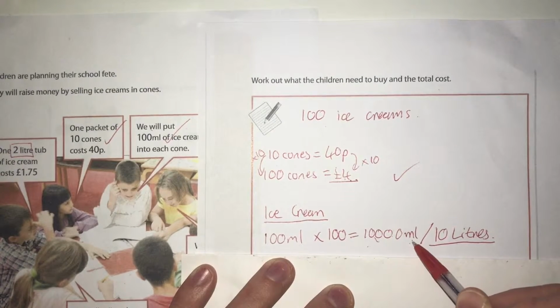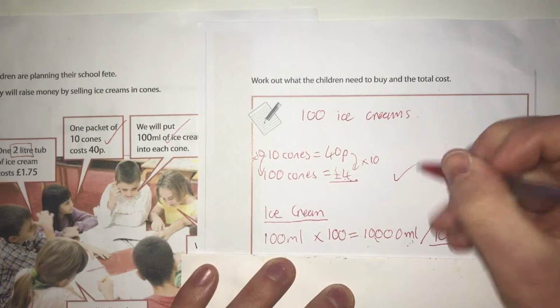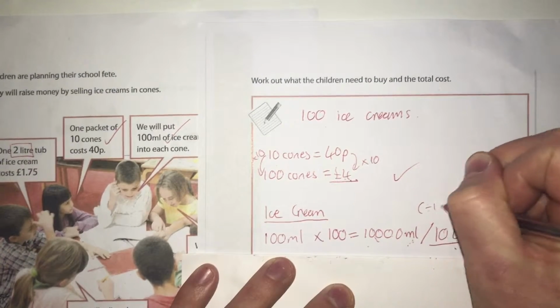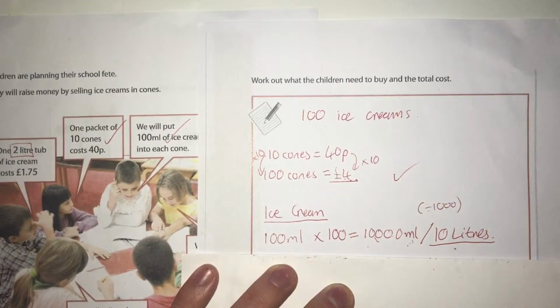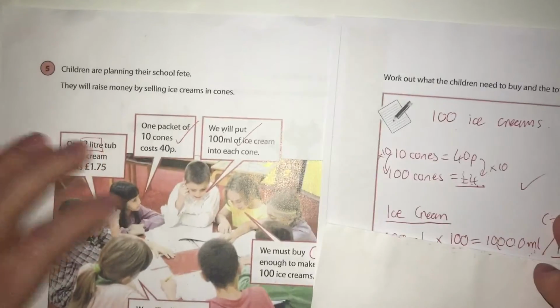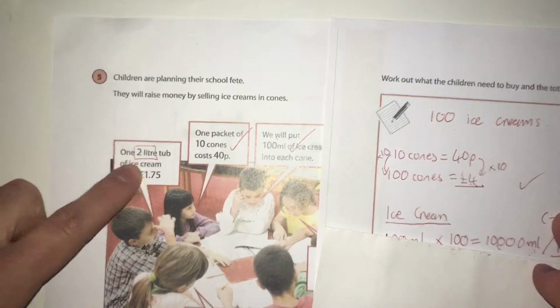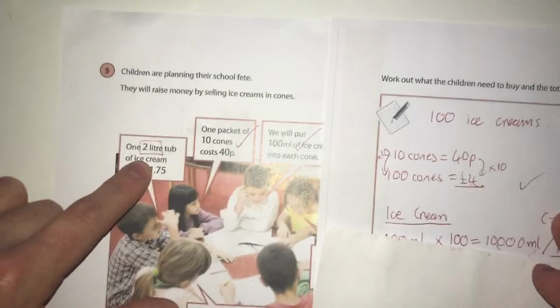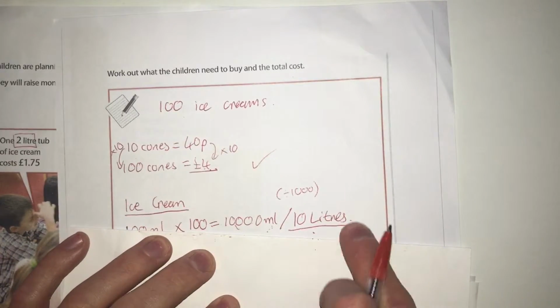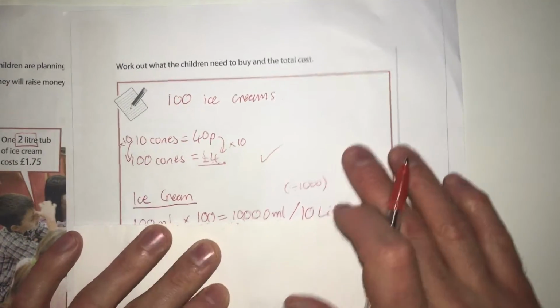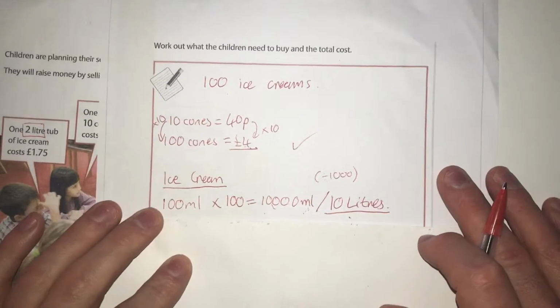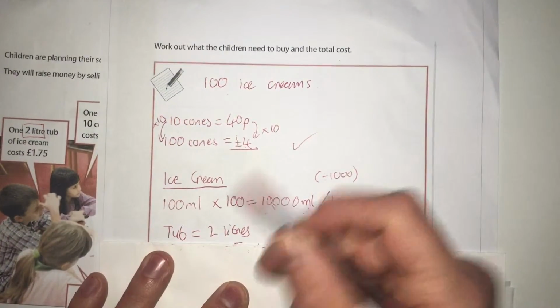But why have I changed 10,000 milliliters to liters? Remember, to do that, you divide by 1,000 because there's 1,000 milliliters in a litre. Well, this is why. The ice cream actually comes in litre tubs. If this is in litres, it makes it easier for us here if I change this to litres. Okay? Right then. That's my next part.